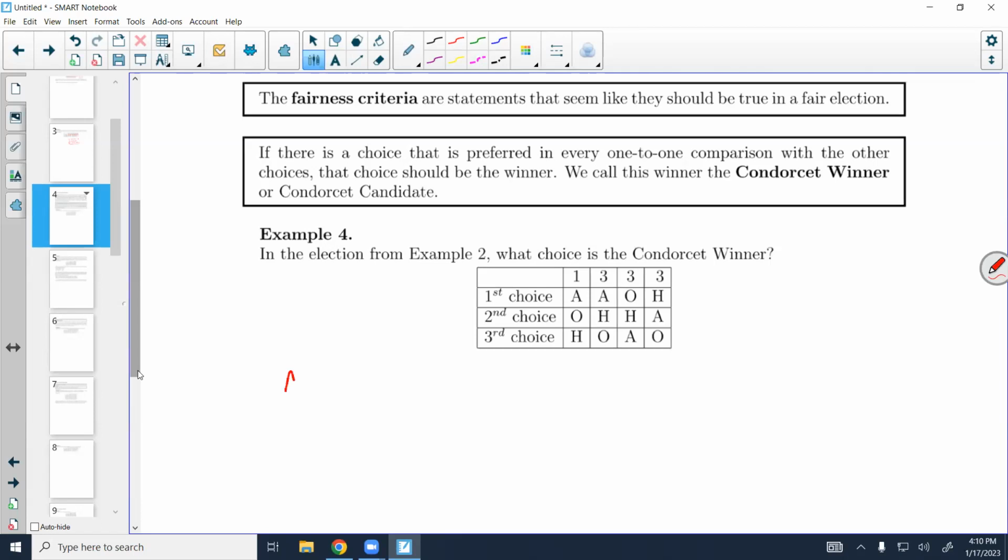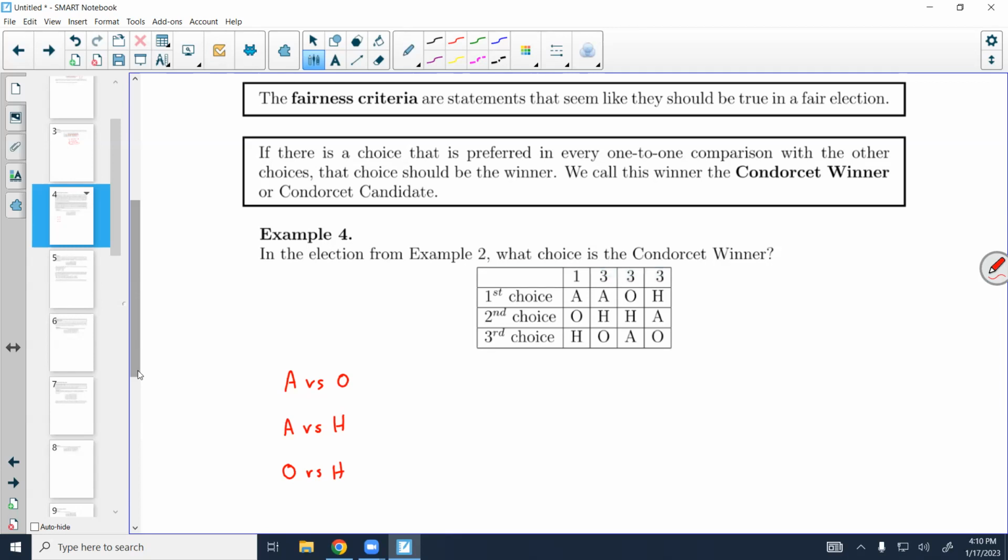How many people prefer Anaheim over Orlando? How many people prefer Anaheim over Hawaii? And how many people prefer Orlando over Hawaii? Each candidate against each other. Which do they prefer on a head-to-head basis?